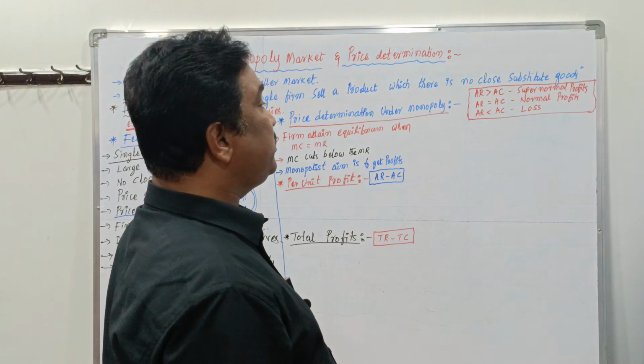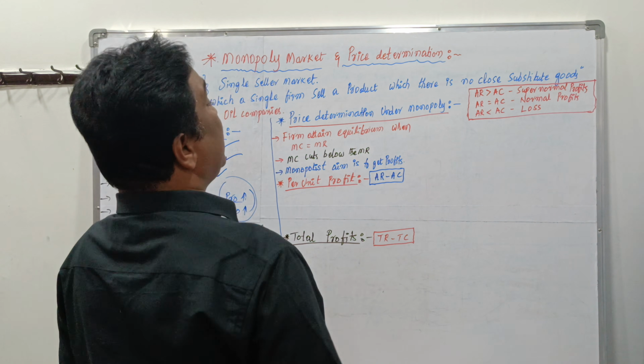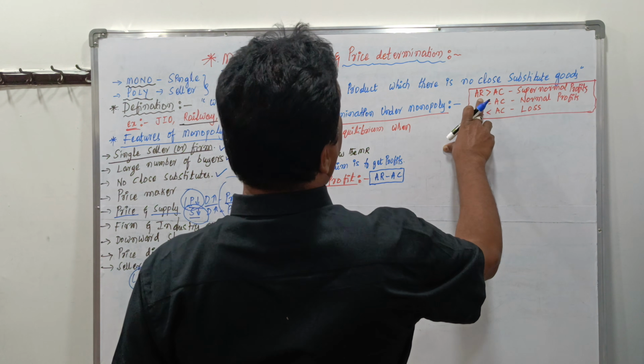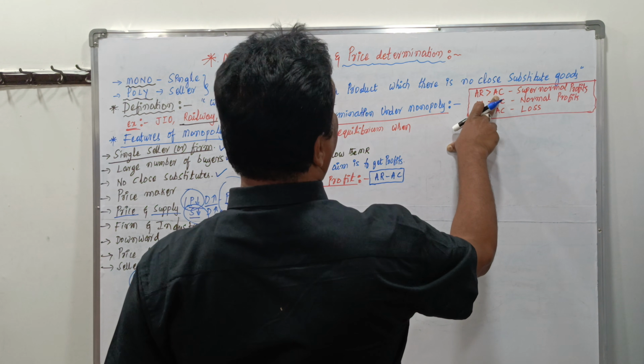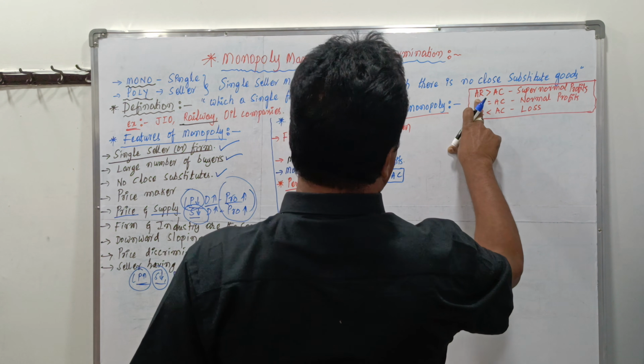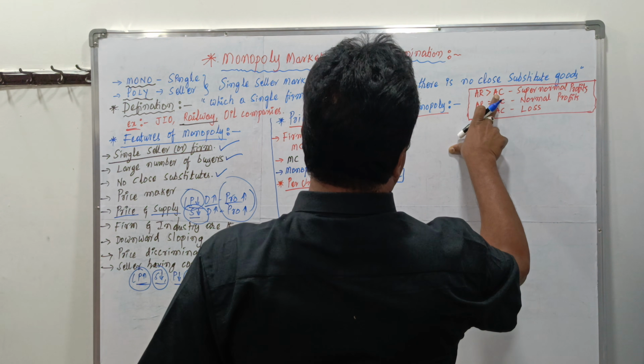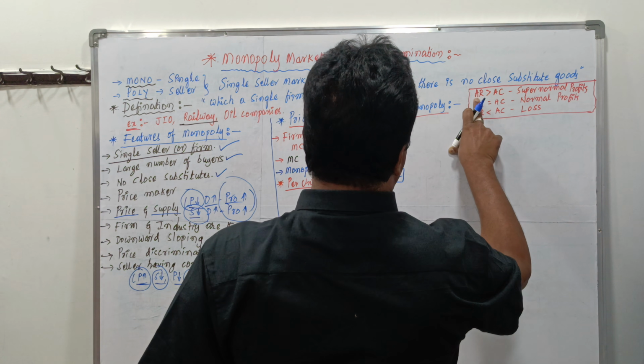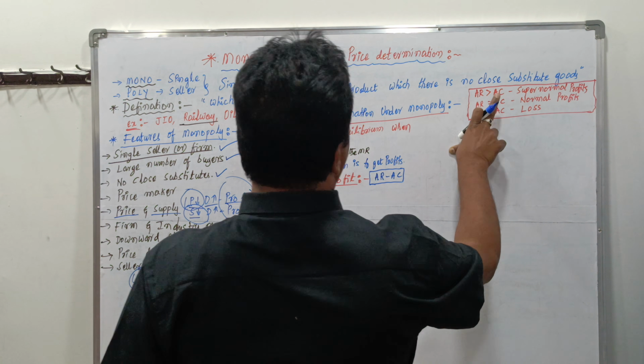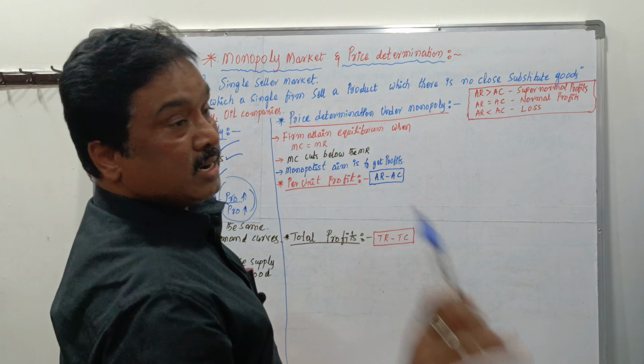So simple, I will show that when the average revenue is greater than the average cost, the revenue is more than the average cost. For example, this is one pen.